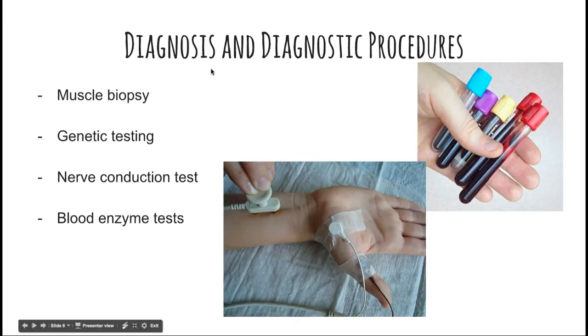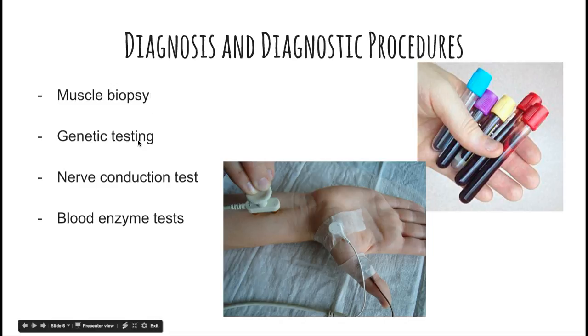So, the diagnostic process. These are the 4 main diagnostic tests that we do for muscular dystrophy. The first one is a muscle biopsy, where we take out parts of the muscle to see how it is structured.